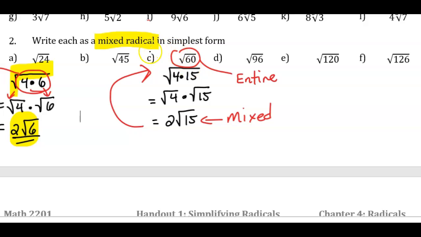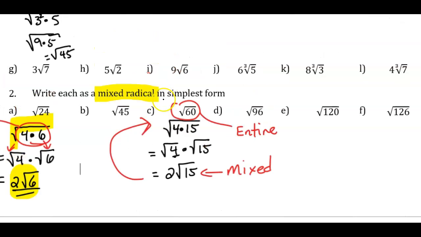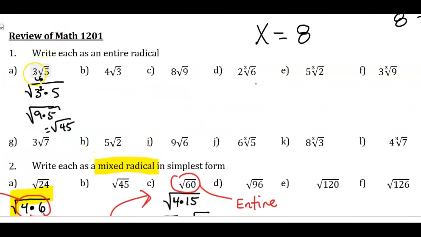If I want to reverse question C, what we just done, this was a root 4, but it became a 2 because you took the square root of it. So if you put the 2 back underneath, how do you get that to become a 4 again? You got to square it. And that's what you need to do here. Numbers on the outside go back underneath the radical sign, and they get squared.